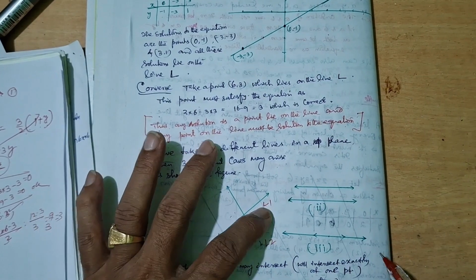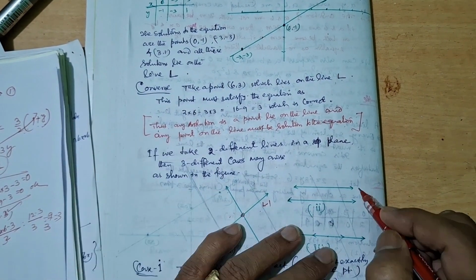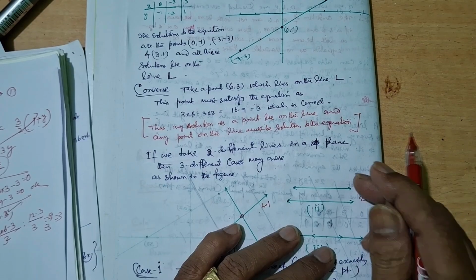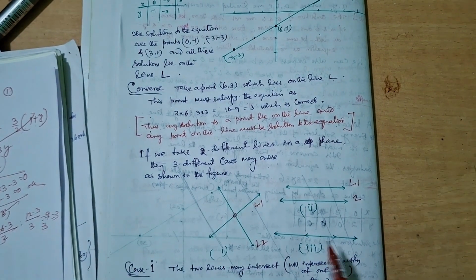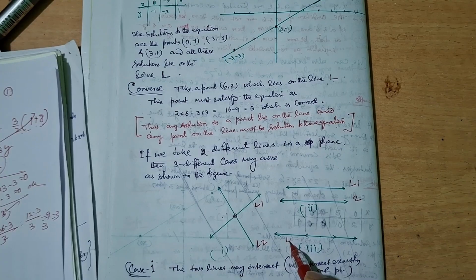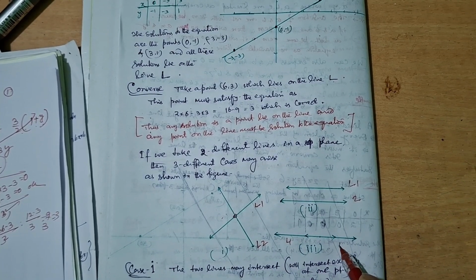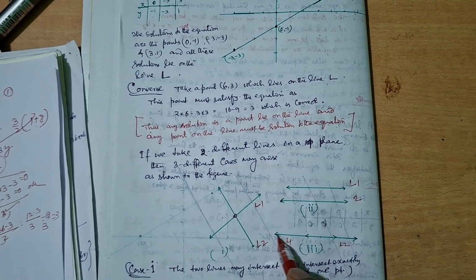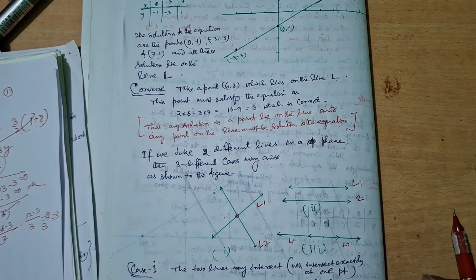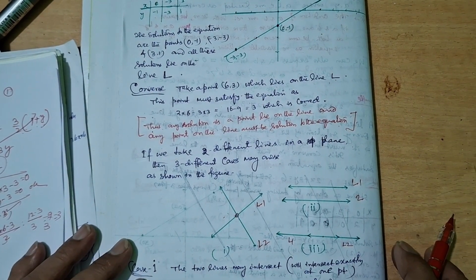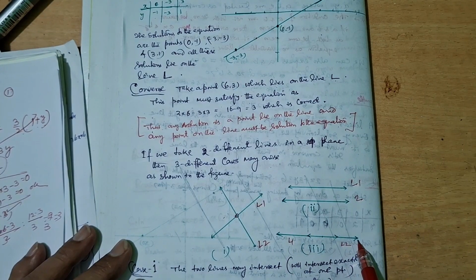L1, L2 they may cross. L1, L2 they may be parallel, or one is L1, the other is L2 on the same line. One is to this side, another is to this side. Okay, so it is the same line.